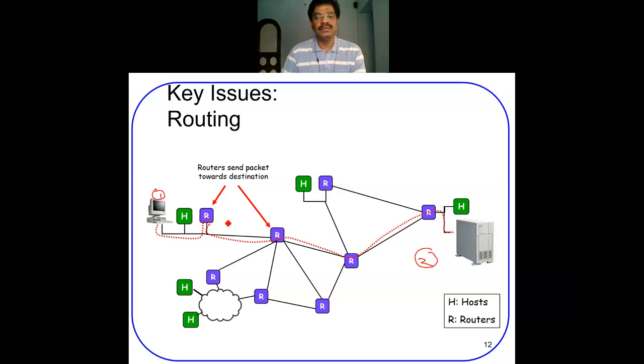Between station 1 and station 2, there are various hosts as well as various routers. These routers are actually providing us the communication path or route to the specified packet. So this router will first of all communicate with this router. This router will communicate with the in-between router. If this router fails, then this router will communicate with another router.